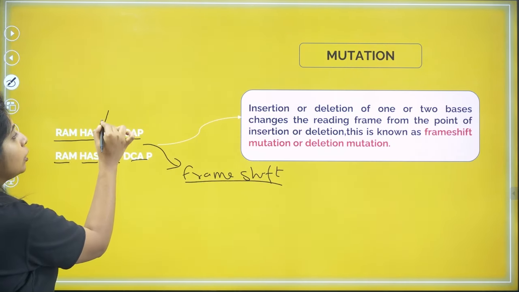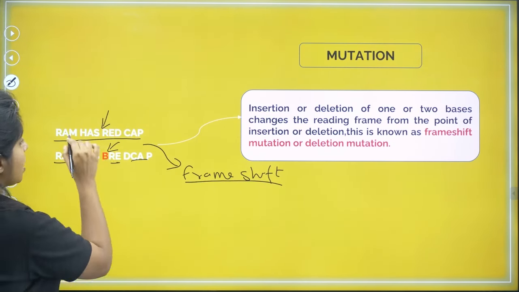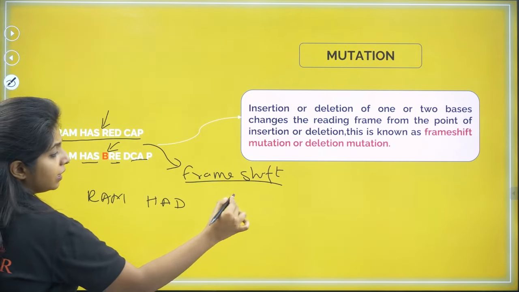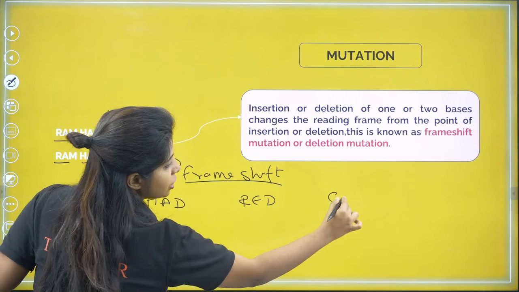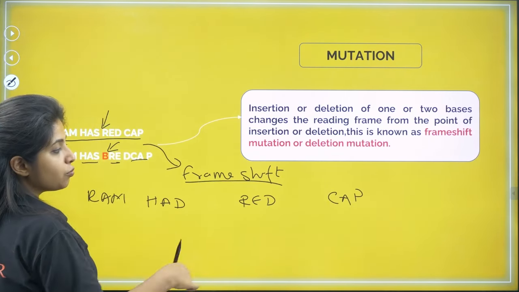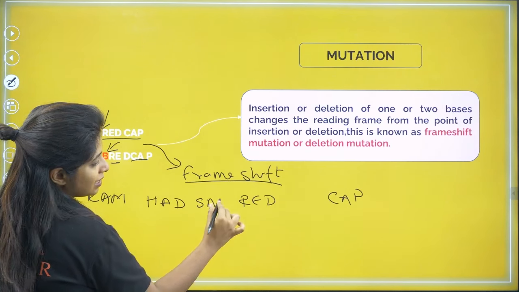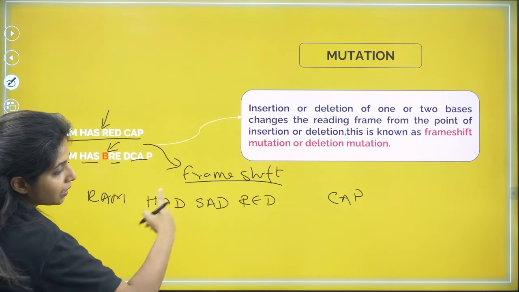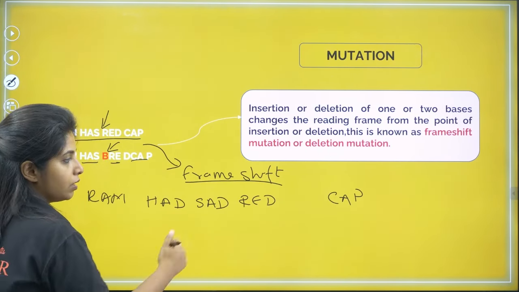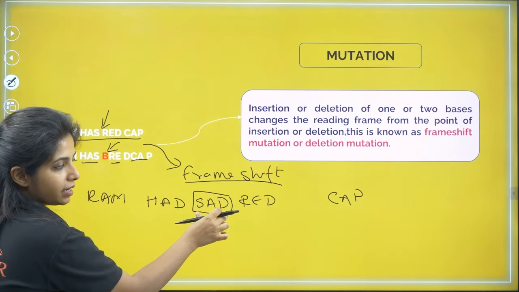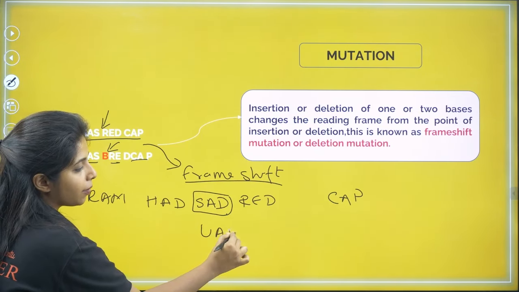On the other hand, if I include 3 of the other things, for example, Ram had red cap is the initial statement. Now instead of putting 1 or 2, I put 3 of them together, for example, SAD, S-A-D. In that case, is the reading frame changed? No. Just that one more amino acid will be formed. That's all. Now, suppose my dear children, this nucleotide is UAA.